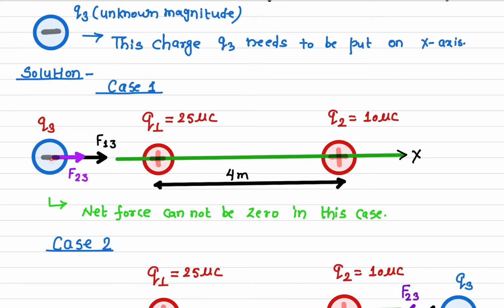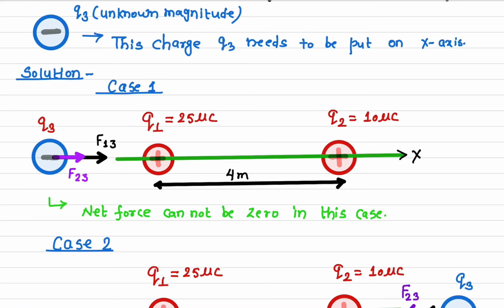And you know this direction, the direction is towards the charge Q1 because it is attractive in nature. Similarly, the force on Q3 due to Q2 will also be attractive in nature because these two are opposite charges. So this is F23. Of course, the F23 magnitude will be smaller because it is farther away from the charge.